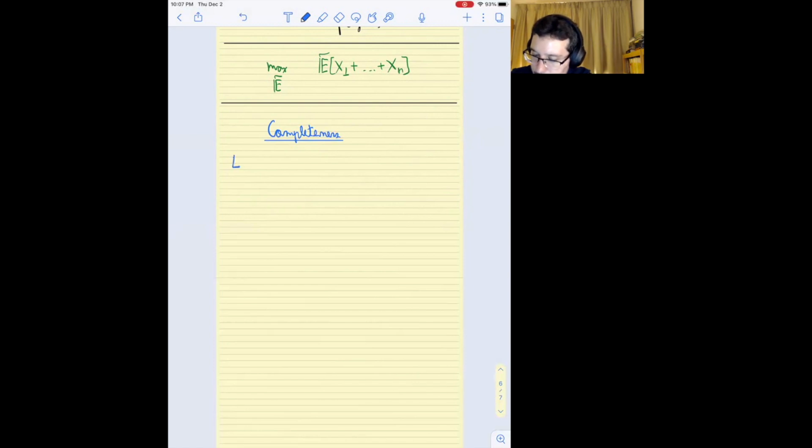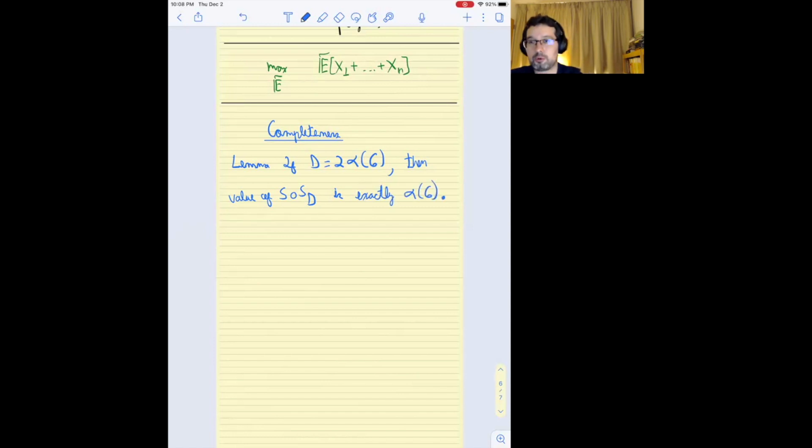It means that at a sufficiently high level of the hierarchy, if the degree is 2 times the independence number of the graph, then the value of the sum of squares hierarchy at level d converges exactly to alpha, where alpha is the independence number of the graph. You need to go quite high to see this.